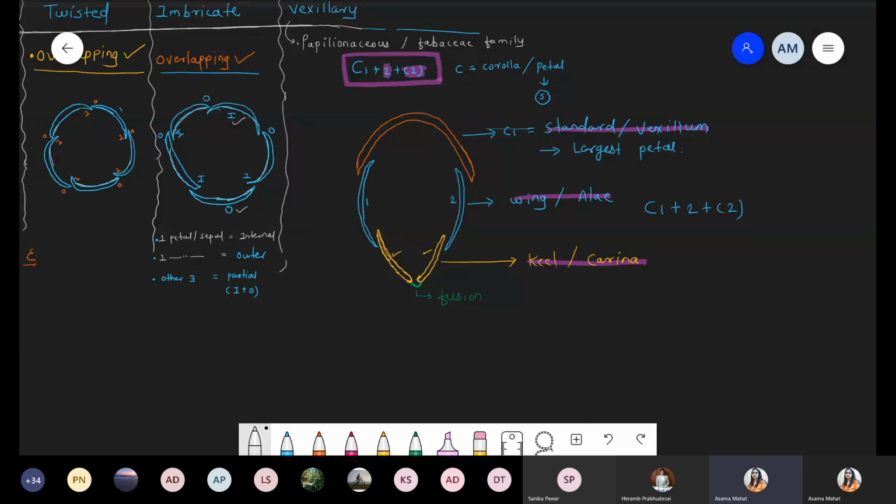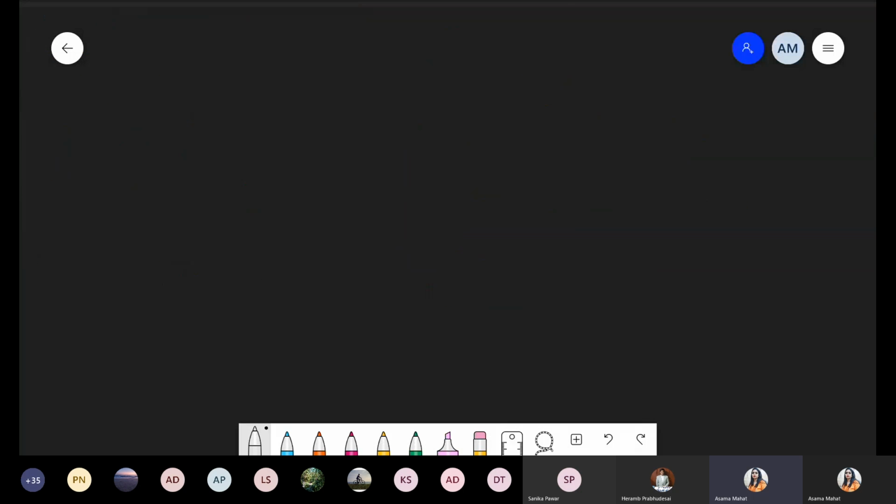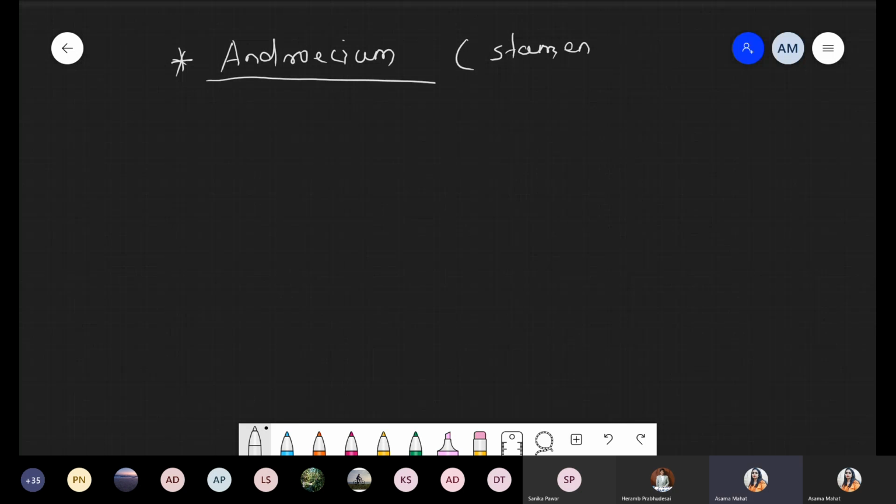Now, the next part we are talking about is androecium, the male reproductive part. Androecium is also called the stamen, which is a male reproductive part. Again, it is an essential part because it is involved in gamete formation, that is male gamete.